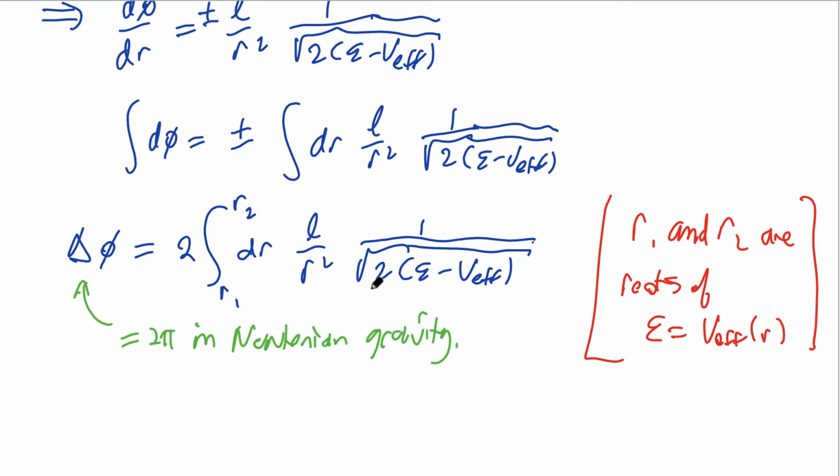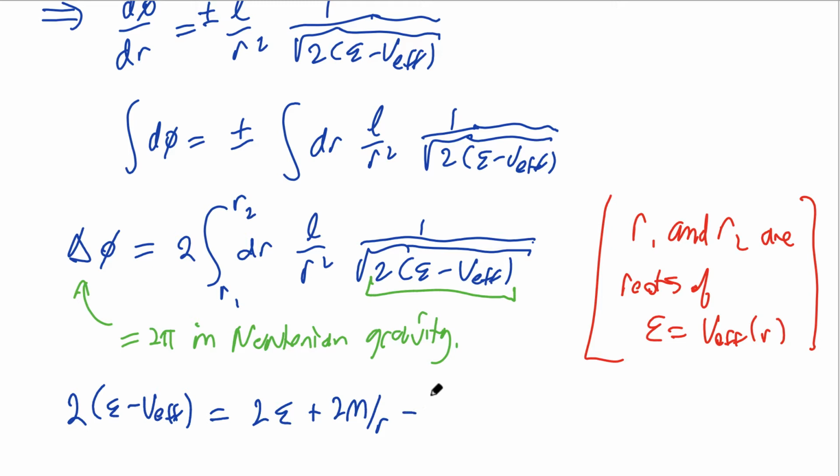So let's take a close look at this expression we have under the square root. That's 2 times E minus V effective equals 2E plus 2m over r minus L squared over r squared plus 2m L squared over r cubed.